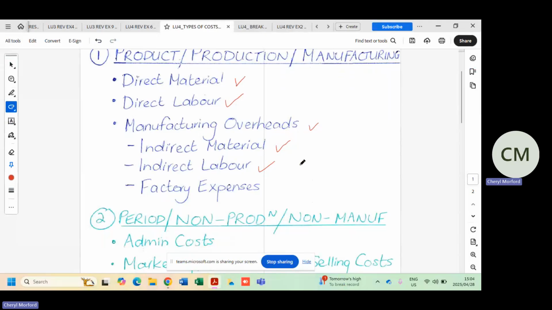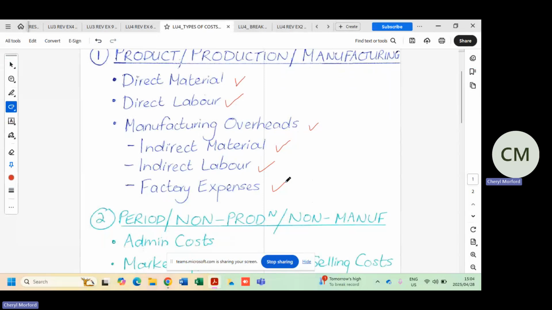You can have somebody who is in charge of the stores in which we've got all of the components and the materials. You can have the security of the factory. The word I'm saying all the time, everyone, is factory.